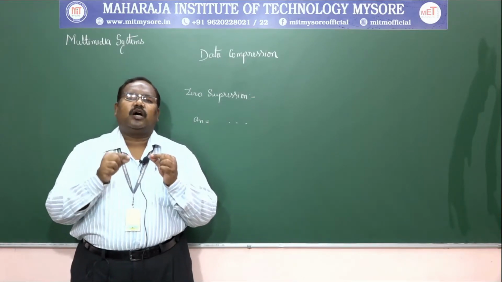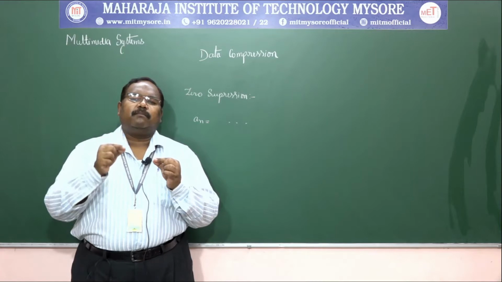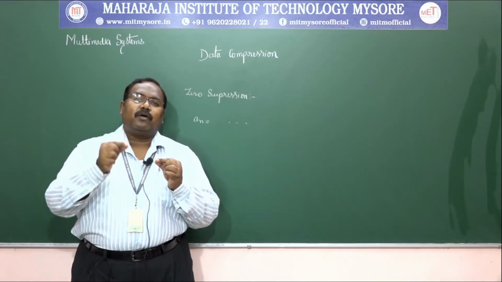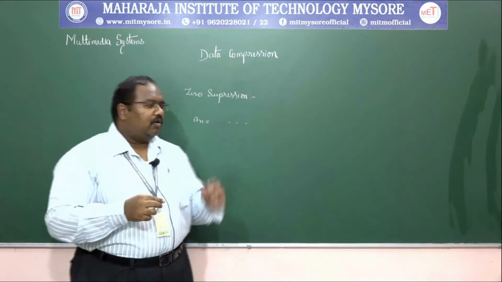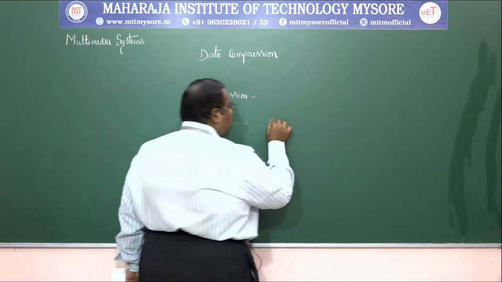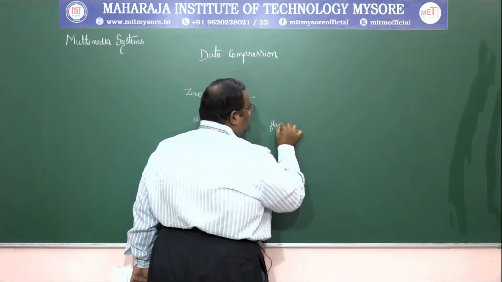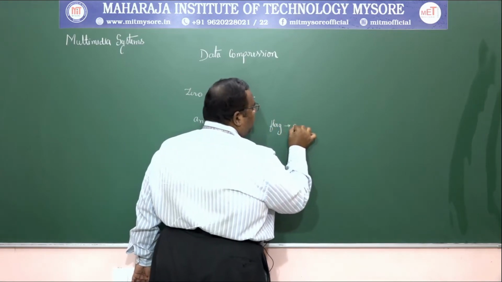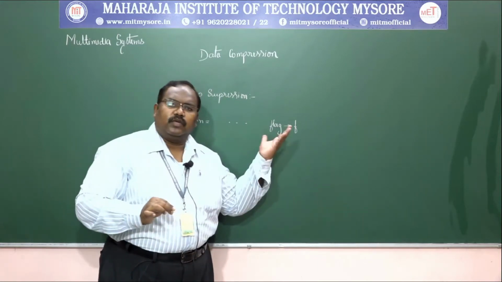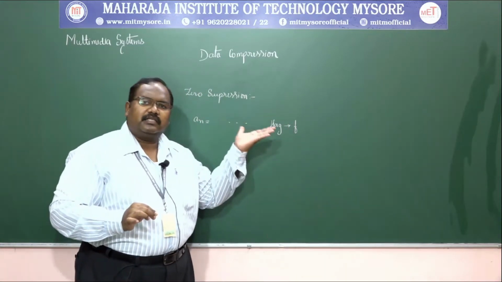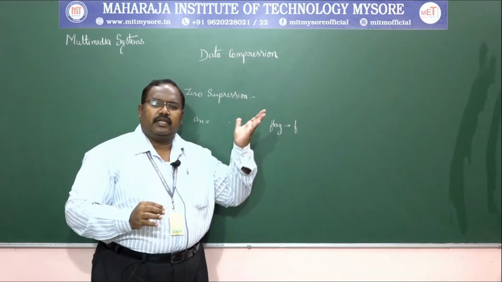It denotes or represents the number of repeated occurrences of zeros. Usually a flag is said to be a token. We represent it as F with respect to the sequence. So let us take an example and illustrate.